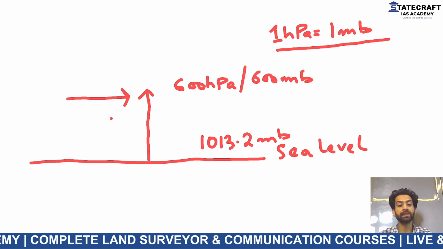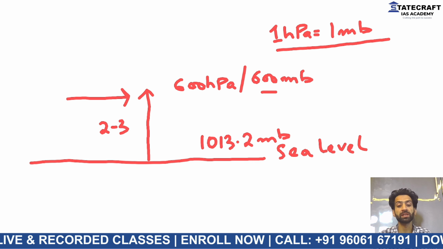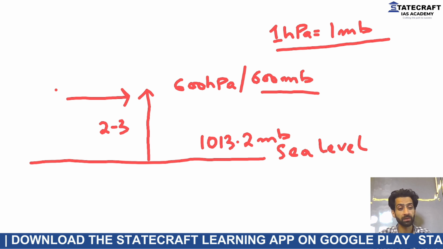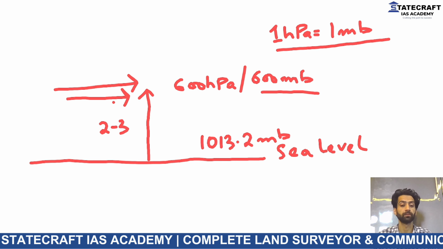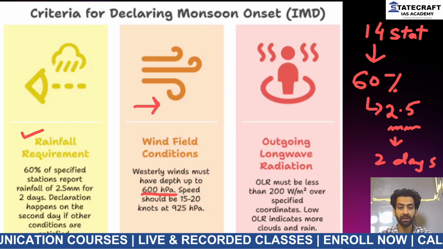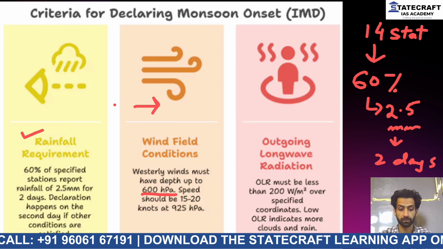After traveling, let's say around 2 to 3 kilometers, there will be a pressure of around 600 millibars. At this very location, at this very point, there should be persistent westerly wind. Only then we can say that this is something that is important for monsoon.